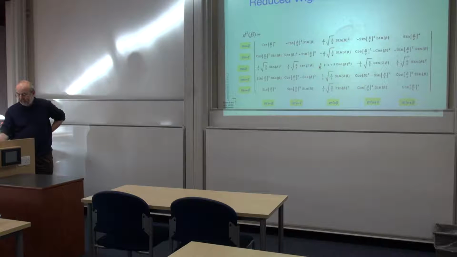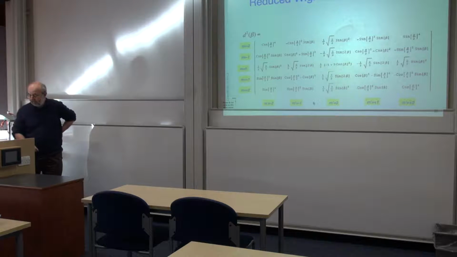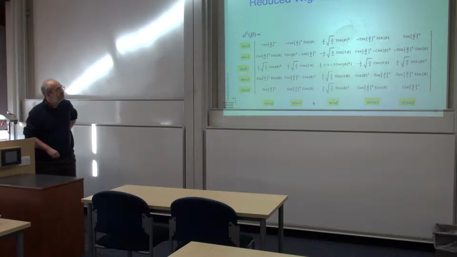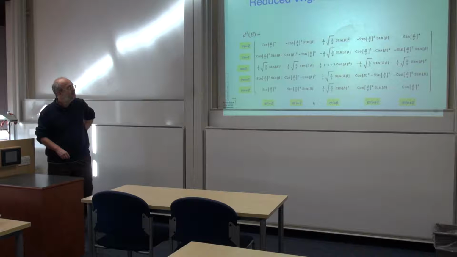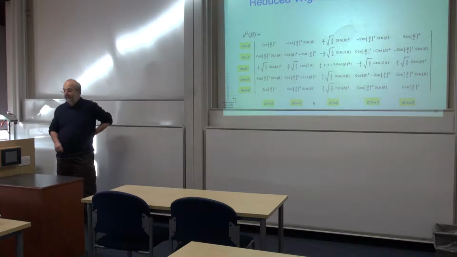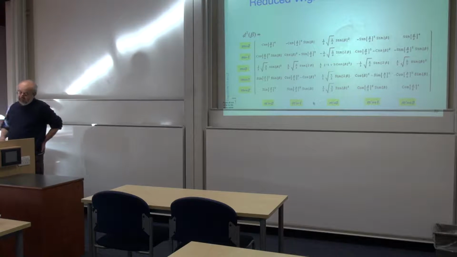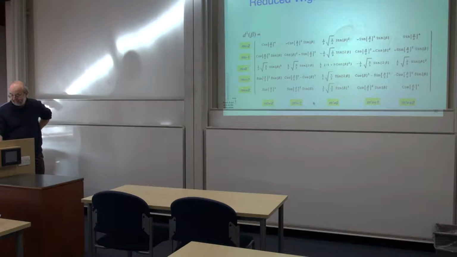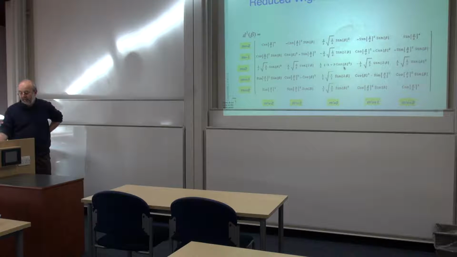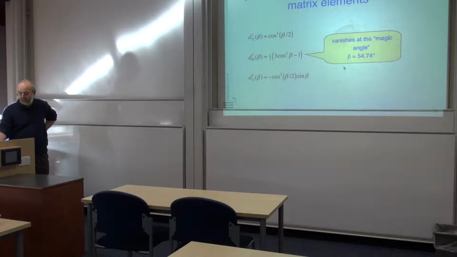And then the most important one is the rank 2 matrix, which now has 25 elements. You can see that it starts to get pretty complicated, but anyway, it's always the same. And there are some elements which turn out to be particularly important.